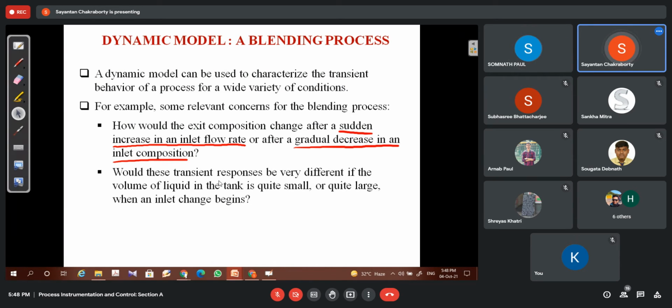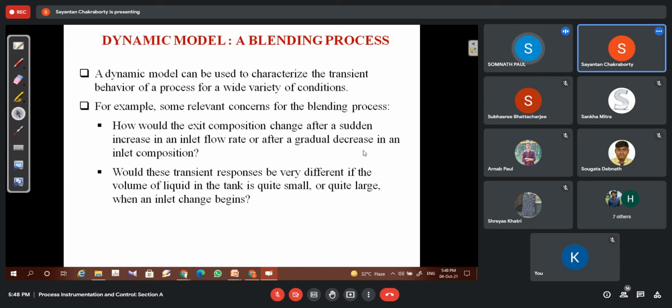Or you can see what will be the effect of this transient phenomena on the volume of the liquid. If the volume is small, medium or quite large, how can these effects be seen? Will they be the same or different? These studies can be carried out based on the dynamic equations that we derive.